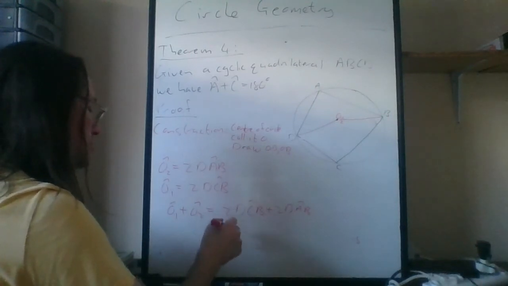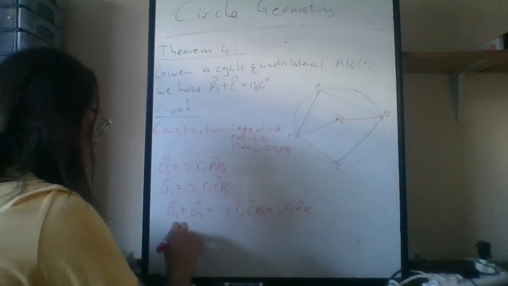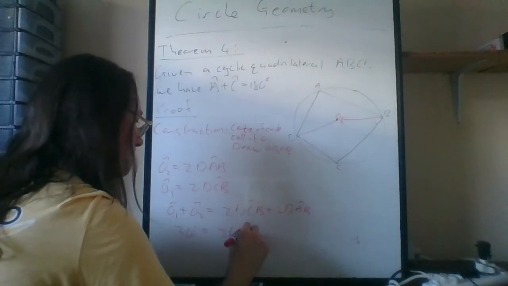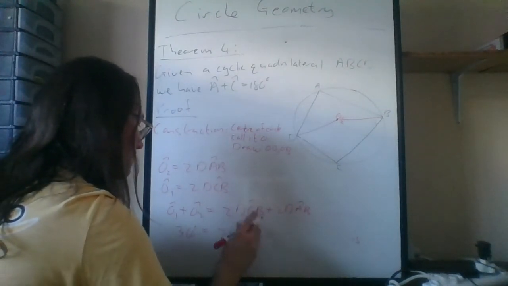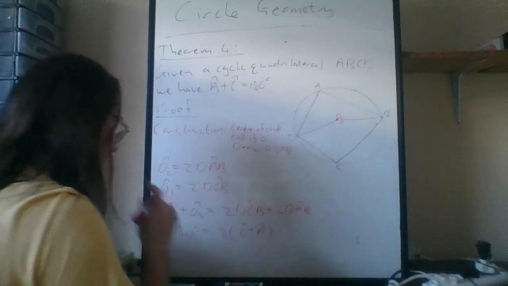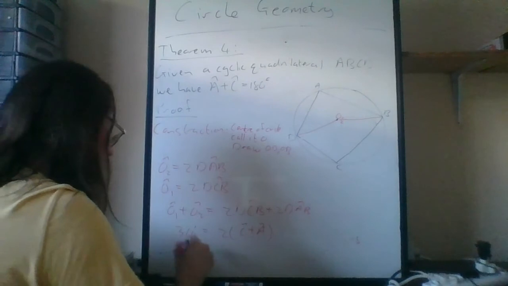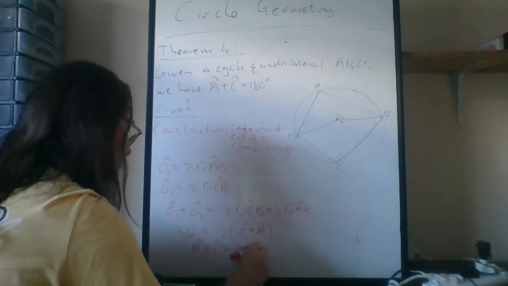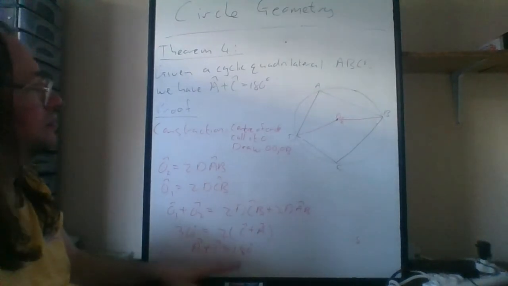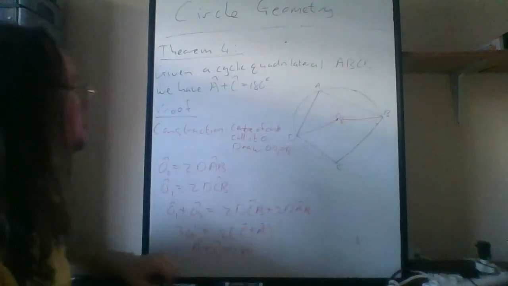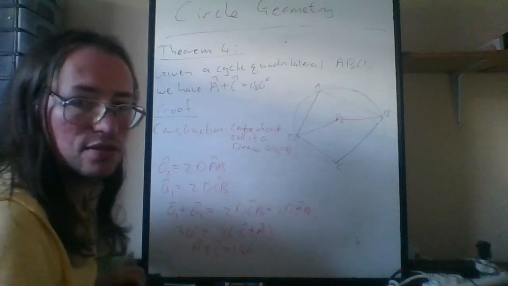So 360 degrees equals twice angle C plus angle A. So angle A plus angle C equals 180 degrees. Okay, so the opposite angles in the cyclic quadrilateral sum to 180 degrees. Okay, that is the fourth theorem.